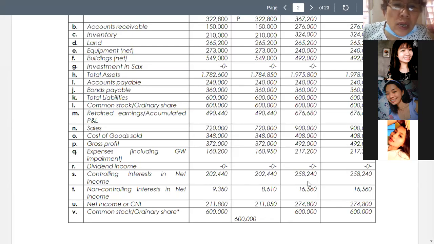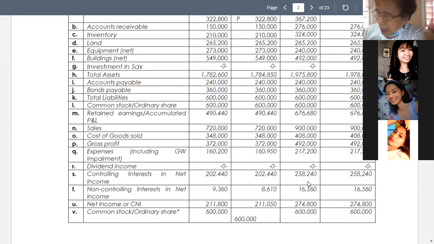Then we have your controlling interest in net income equal to 202,440. That's the controlling interest in net income. How we got this? Again, we have the supporting computation for 202,440. In our analysis, the amount is the net income of the subsidiary of 211,800.